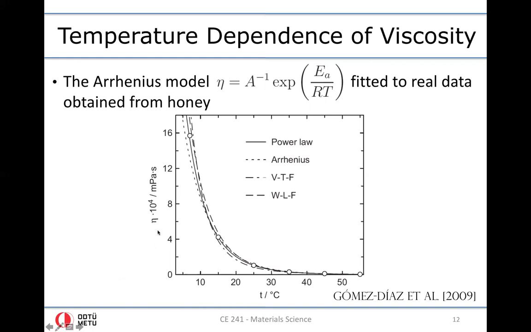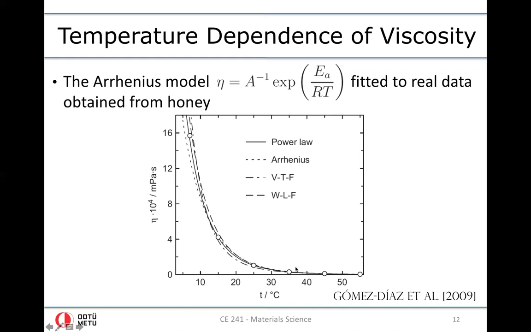Okay, the vertical axis is the viscosity in millipascal seconds, and the horizontal axis is the temperature. And the data points that are denoted by filled circles refer to the viscosity of honey at different temperatures. All right. So when you look at the Arrhenius fit, that is the dashed line, you see a relatively good fit of the data.